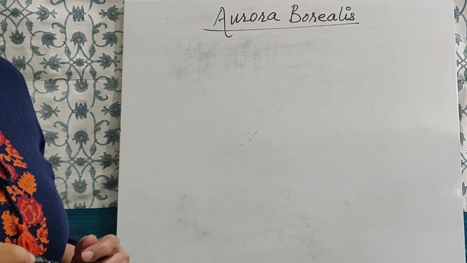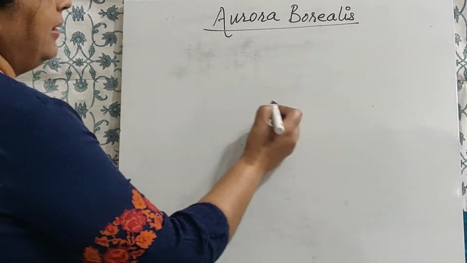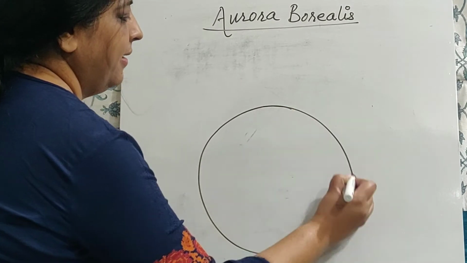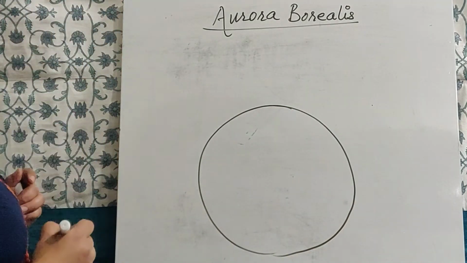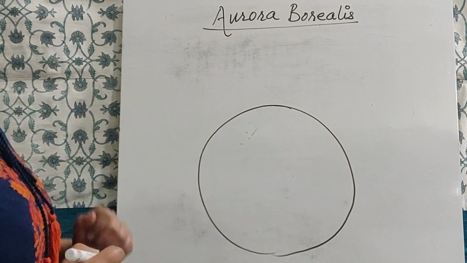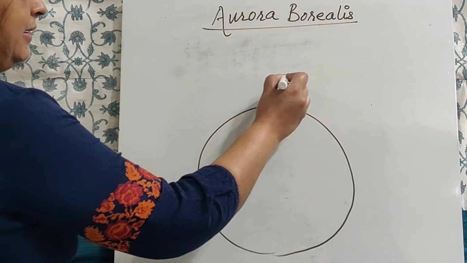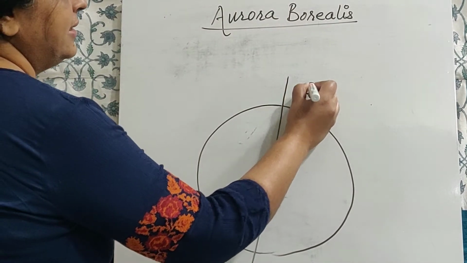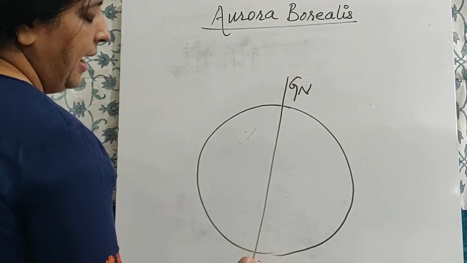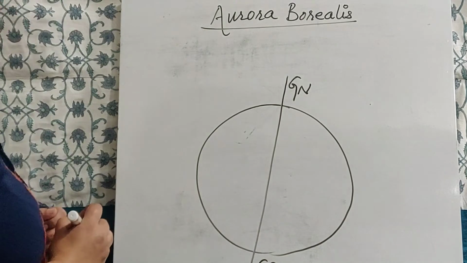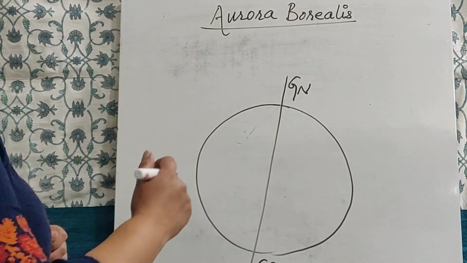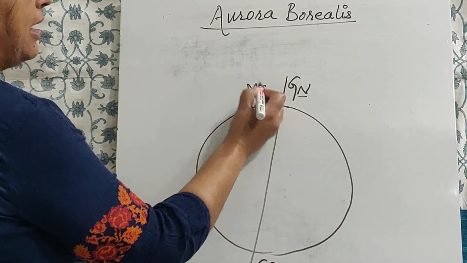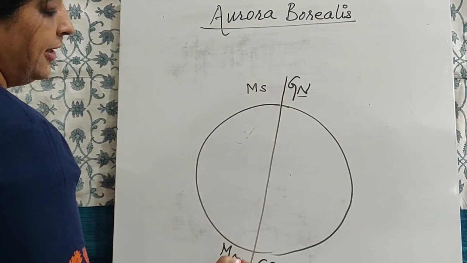Now to understand aurora borealis, first of all we will have to understand why this happens. So let us say this is our earth and this is the axis of the earth. For example, let us say this is the geographic north and this is the geographic south. Now we already know that where we have geographic north, we have magnetic south, and here we will have magnetic north.